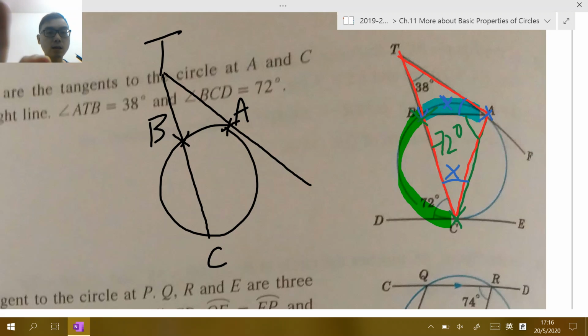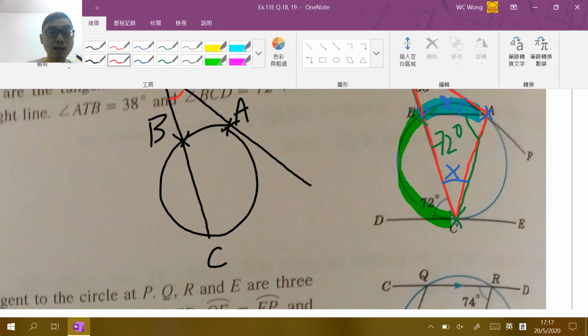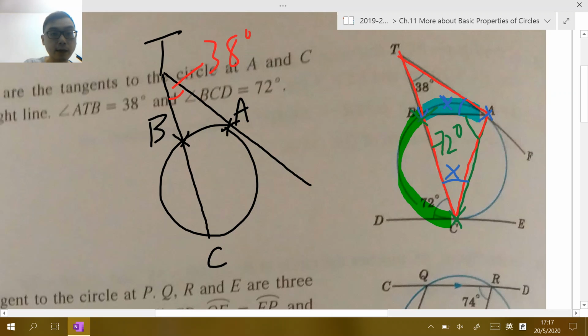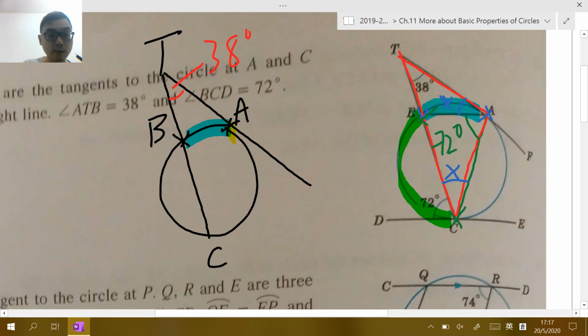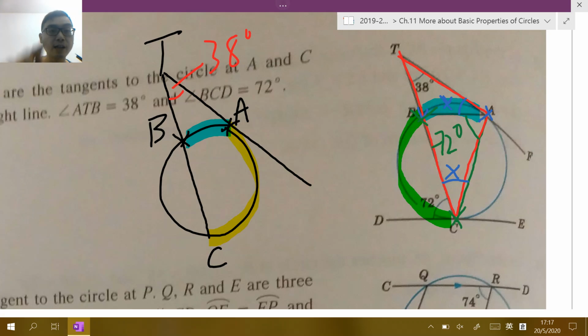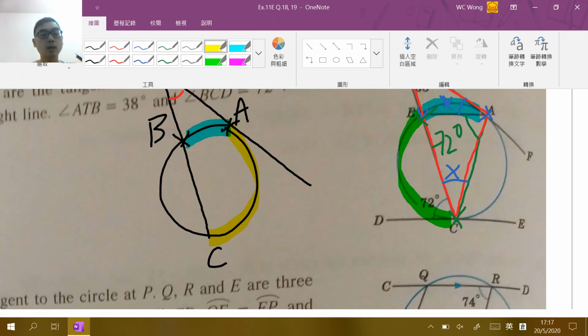Now one more thing: if I say this one is 30 degrees, I would like you to notice the relation of arcs, as I mentioned as an enrichment before. If I say this one is arc AB, and these two lines make the intersection points A and C, so I mark the arc AC. A very important thing for this question is that if I want to relate the 30 degrees, it is actually very easy.